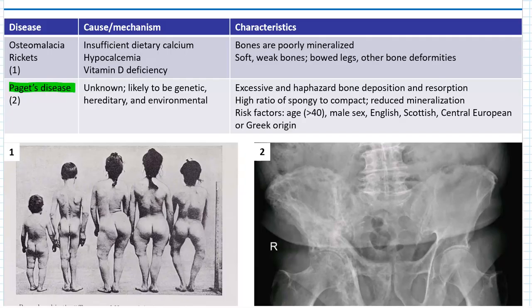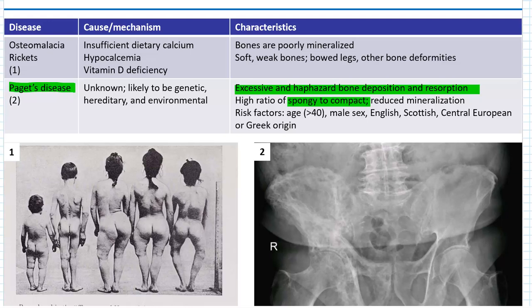So Paget's disease, we don't know what causes it. Genetic, maybe environment. So basically what happens is this. Haphazard deposition of large amounts of mostly spongy bone, which means mostly in the joints, so hips, head, okay?